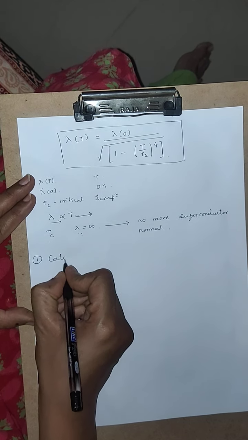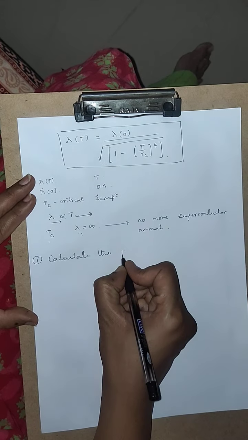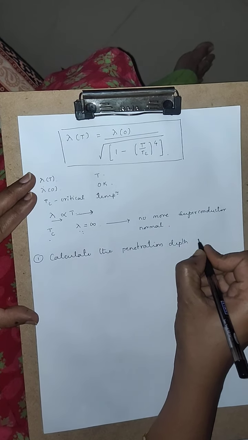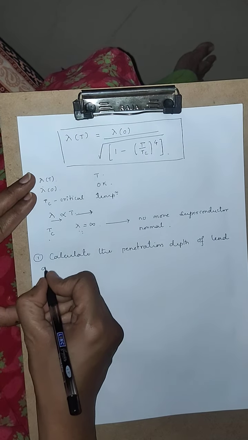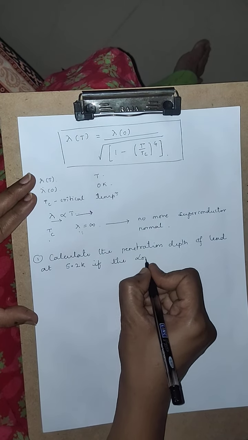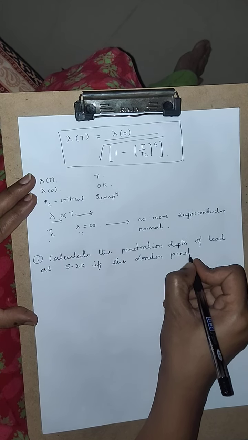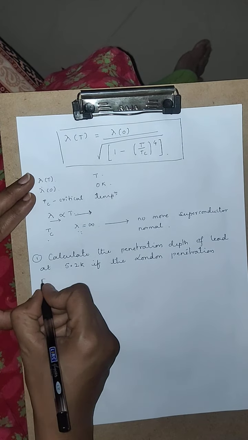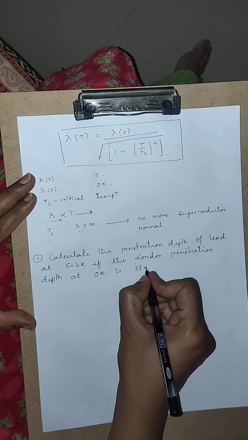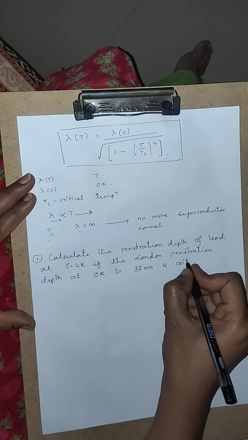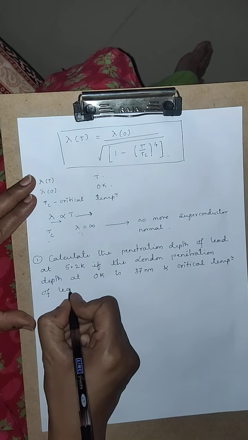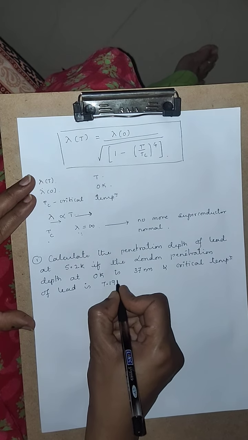First one, calculate the penetration depth of lead at 5.2 Kelvin if the London penetration depth at 0 Kelvin is 37 nanometer and the critical temperature of lead is 7.193 Kelvin.